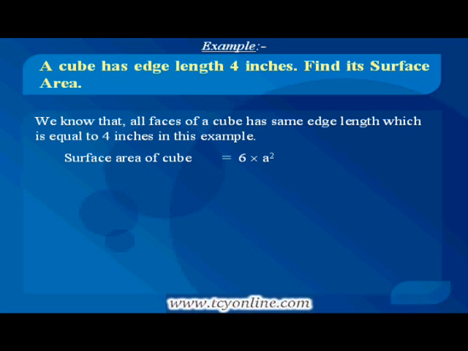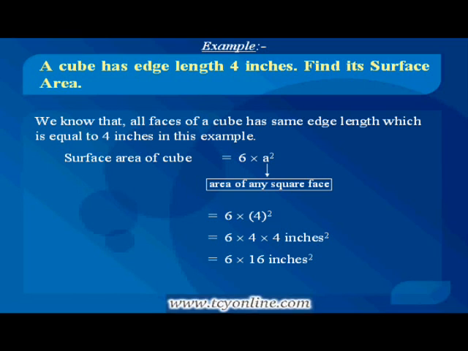In this case, the edge length is given to be 4 inches and a square is the measure of area of any square face. Now we plug in the value of edge length and simplify. The surface area of the cube is calculated to be 96 square inches.